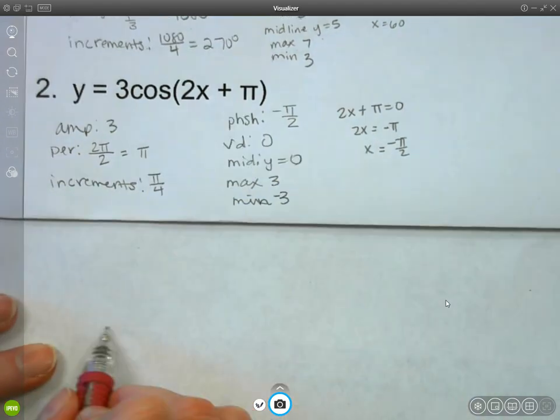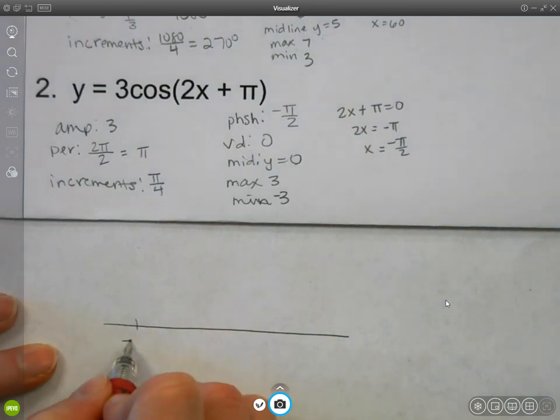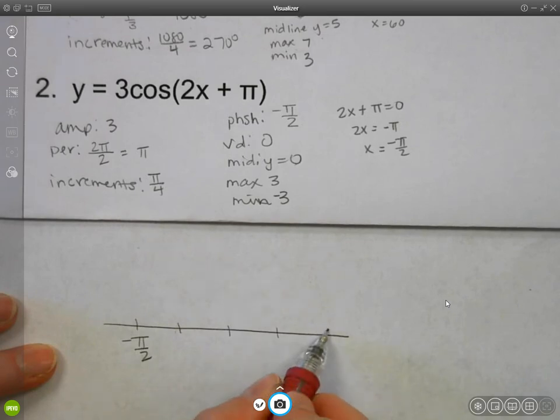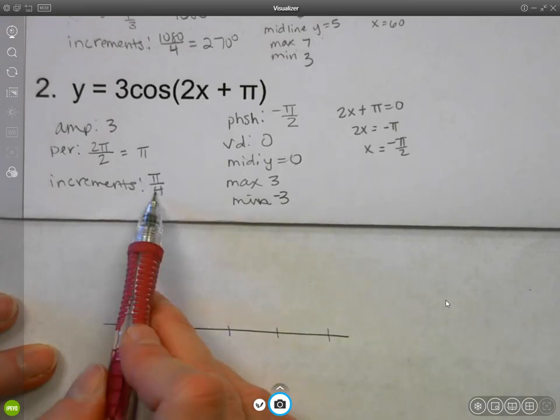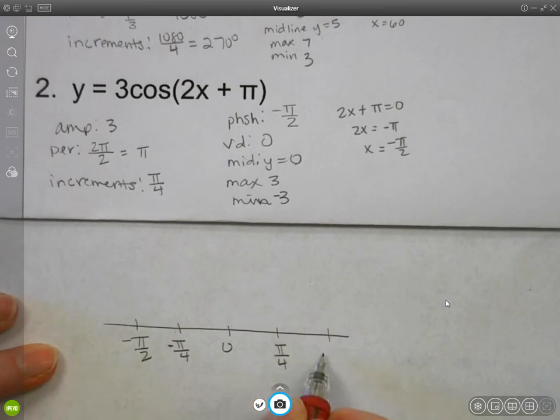All right, so make your x-axis. Start with your phase shift. Make 4 more marks. We're adding pi over 4, so negative 1/2 plus a fourth is negative 1/4, plus a fourth is 0, plus a fourth is a fourth, plus a fourth is a half.